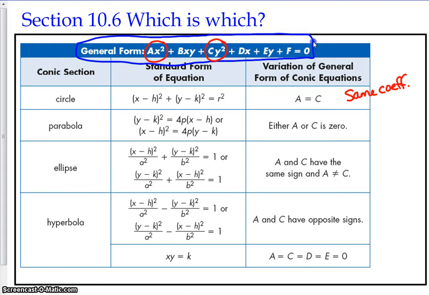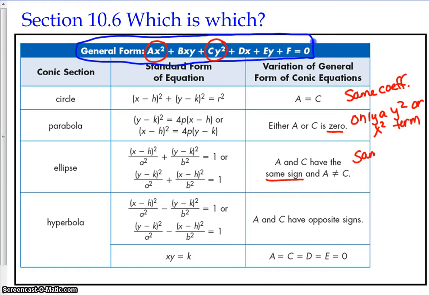In a parabola, you only have one x squared or one y squared. That's how they say one of them is 0. In other words, one of them's not there. So only a y squared or an x squared term, not both. Okay? In an ellipse, your coefficient for the x squared and your coefficient for the y squared have the same sign, but are not equal.